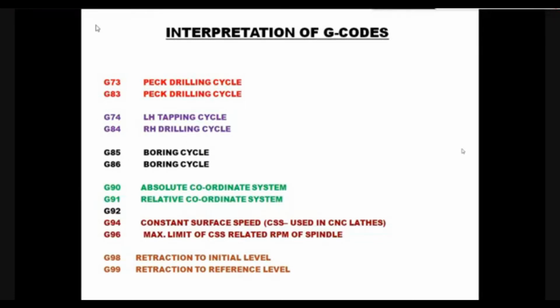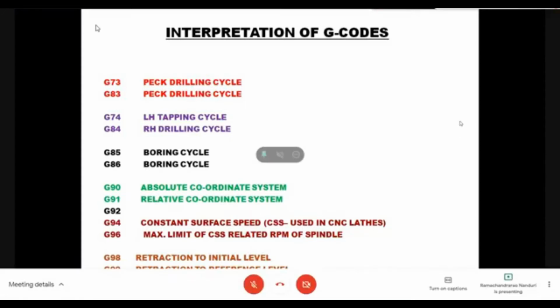For maintaining that, when the diameter of the circle formed by the cutting edge approaches 0 at the center of the workpiece, the RPM would have to be increased. But if you leave it like that, the RPM of the spindle may approach infinity. So the maximum RPM will be defined by us, and the RPM will not cross the maximum value specified by us in the next command, that is G96.